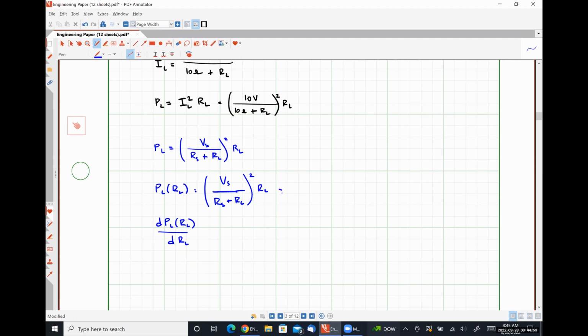I would argue that this looks like Vs squared times RL over Rs plus RL squared. The reason why I put it in that particular form is so that we can use the quotient rule, right? Now, it's been 10 years since I've used the quotient rule, so somebody tell me what it is.